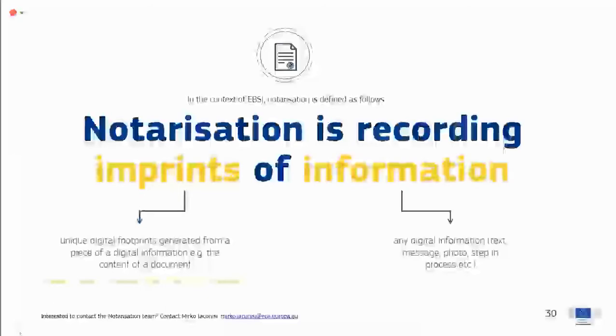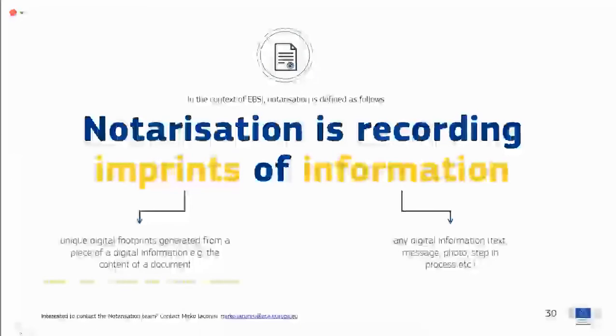Okay, let's start with a clarification on what we mean by notarization in this context. We are aware that the term may raise some confusion because it recalls the well-known activity performed by notaries on paper documents. But for us, notarization has a more technical connotation. It means recording imprints of information on a blockchain. An imprint is a unique digital footprint generated from a piece of information, for example, from the content of a document. Now, the imprint uniquely identifies the originating content.